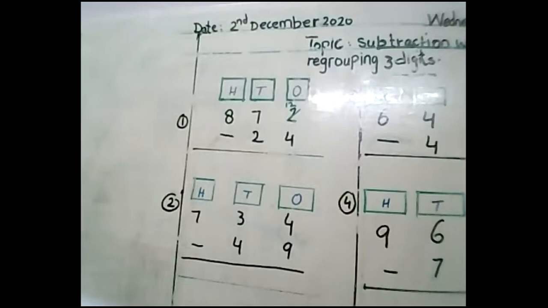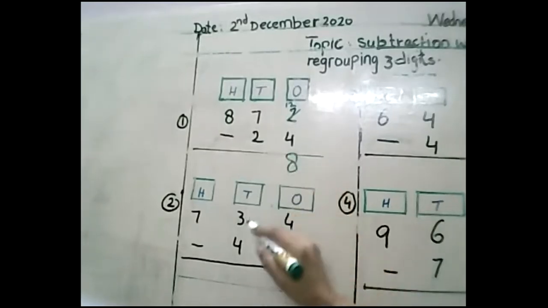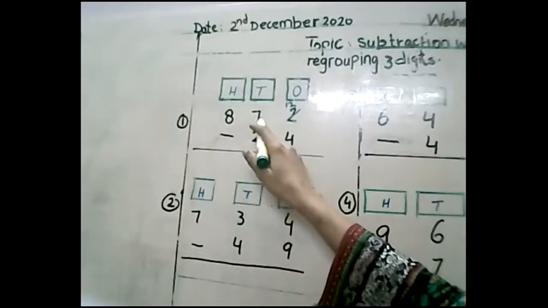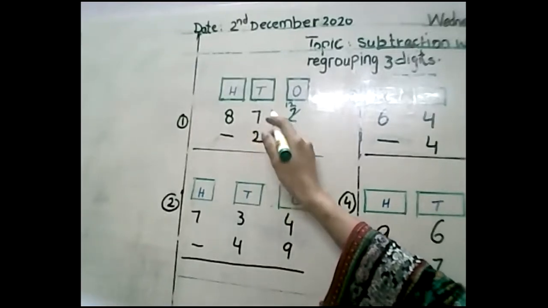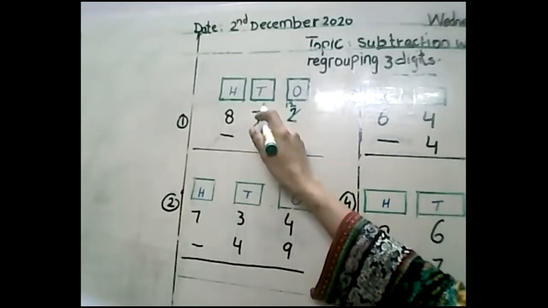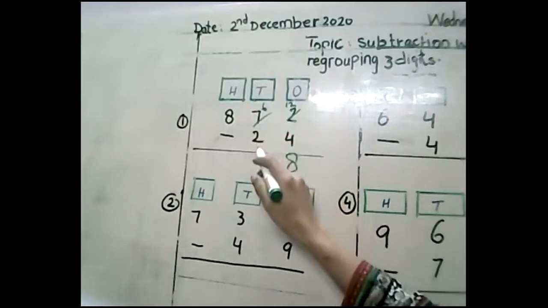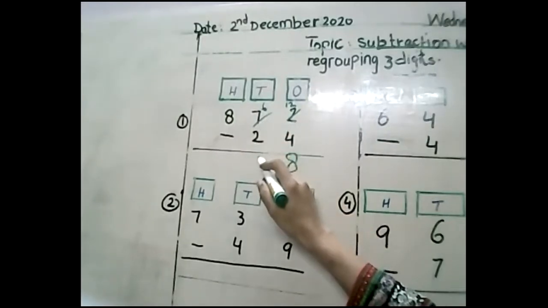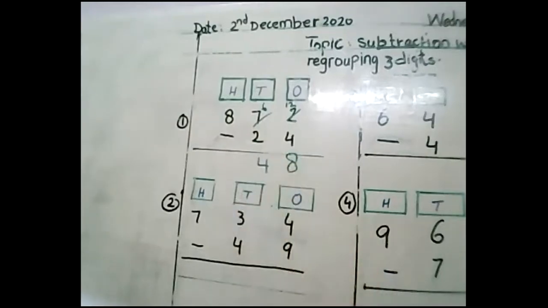So how many it will be? It will be 8. Right? So अब कितने रहेंगे ये? These are 7. No, it is now 6 because we have borrowed 1. So 6 minus 2, can we subtract? Yes. So it is 4. Right?